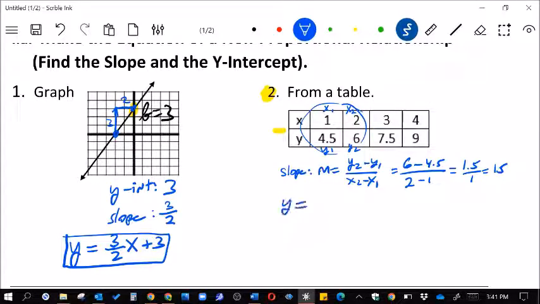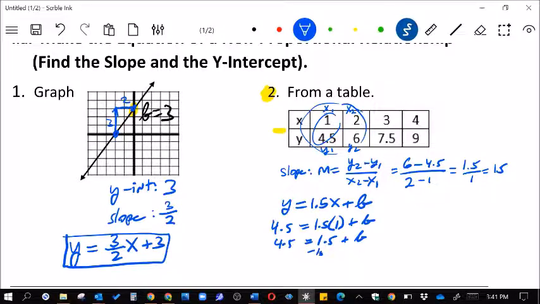And that means I can start making the slope-intercept form. And we can pick one of those points and put them in there. I'll use the first one. So the y is 4.5 equals 1.5 times 1 plus b. So we'll continue multiplying and then subtracting.